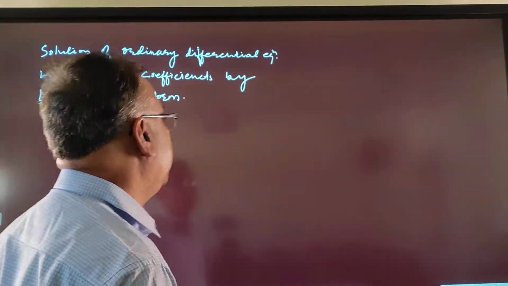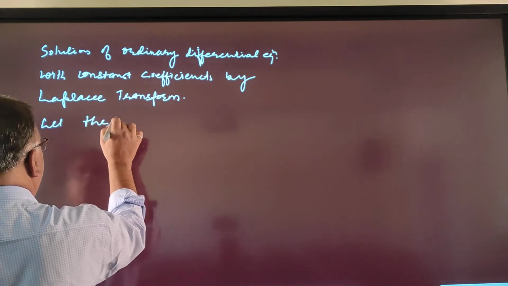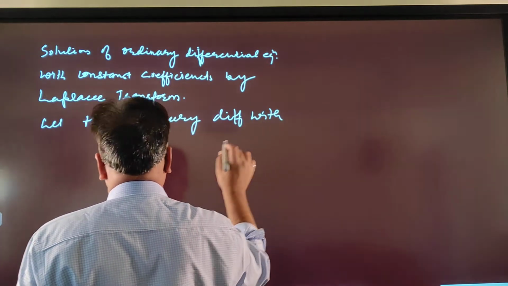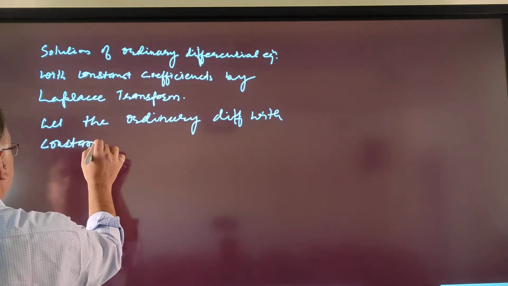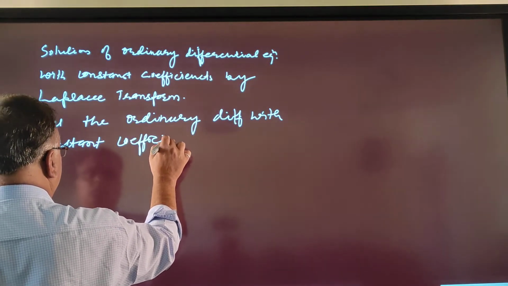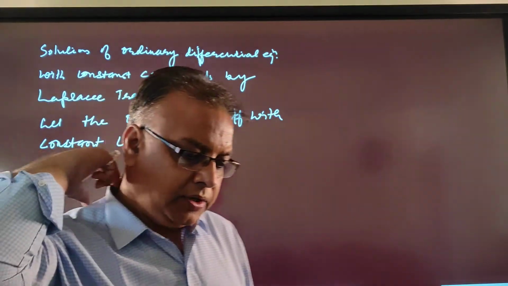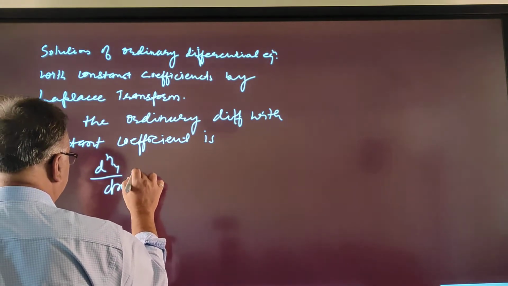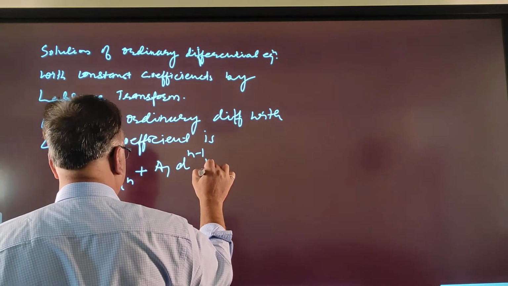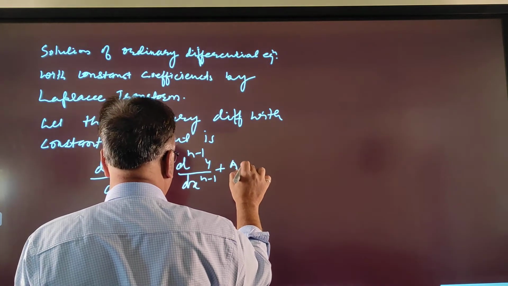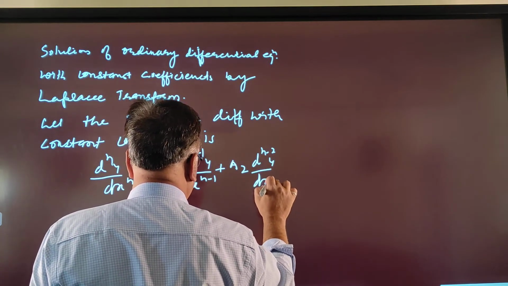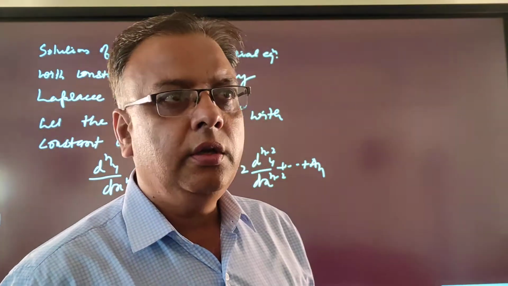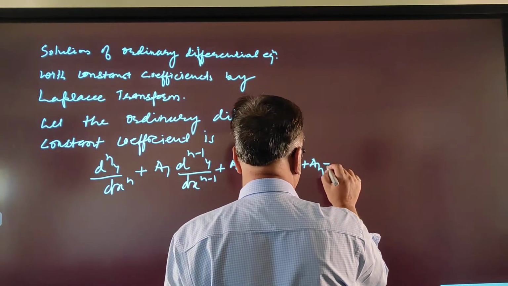We have to use the Laplace transformation to solve the ordinary differential equation with constant coefficients. We know that the ordinary differential equation with constant coefficients is d^n y upon dx^n plus a1 d^(n-1) y upon dx^(n-1) plus a2 d^(n-2) y upon dx^(n-2) plus so on up to an y, equals f(x).